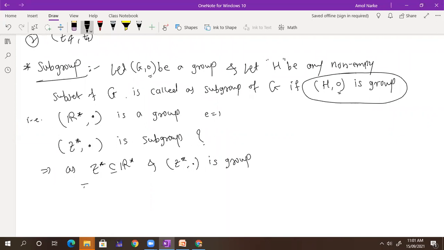So this implies Z star comma dot is a subgroup. Please write this down. We will take some examples, and one important remark, a theorem, on how to check whether it is a group or not. We have one important thing.